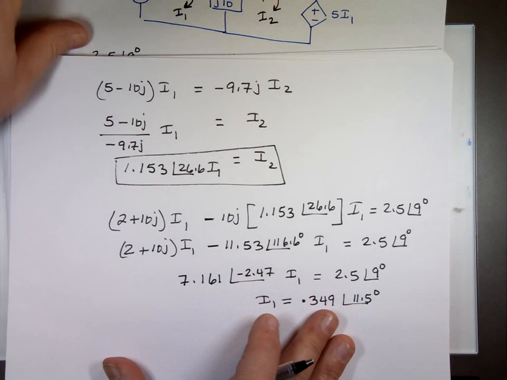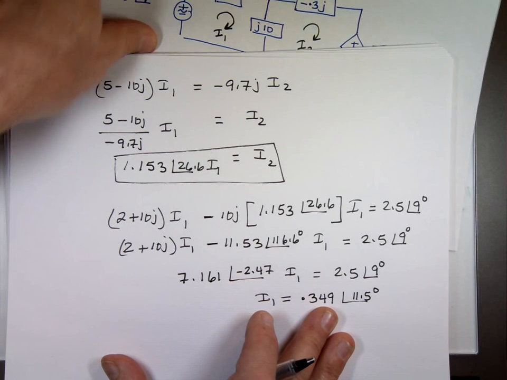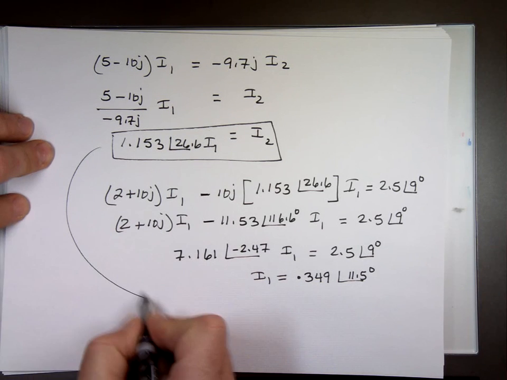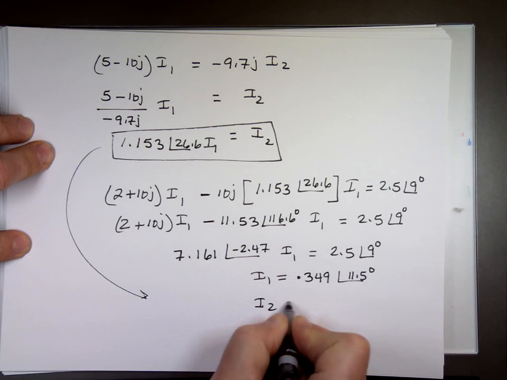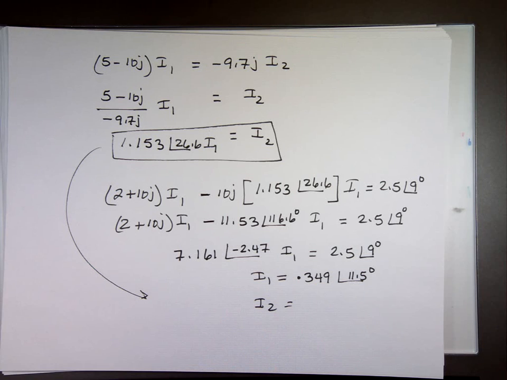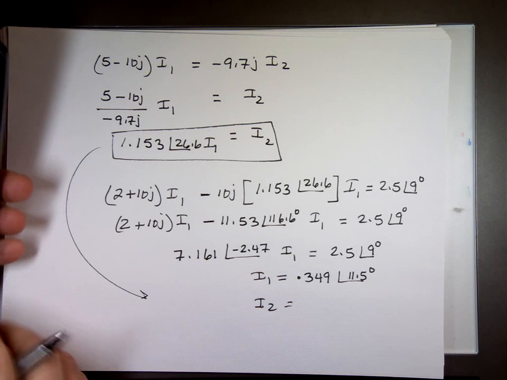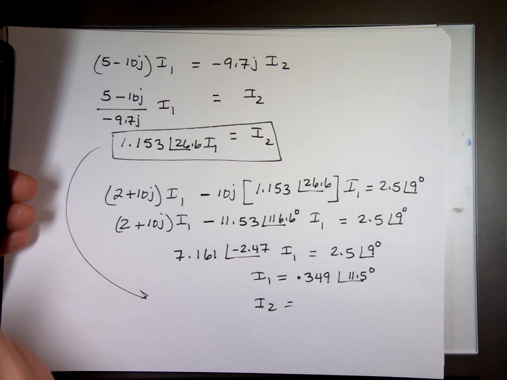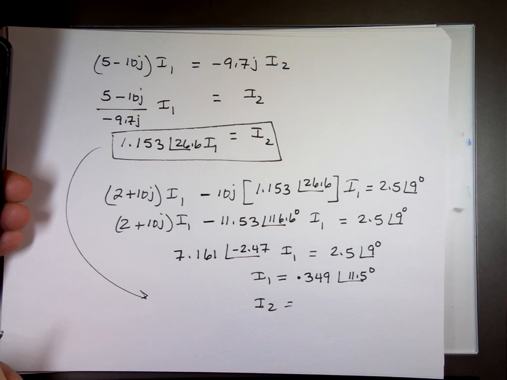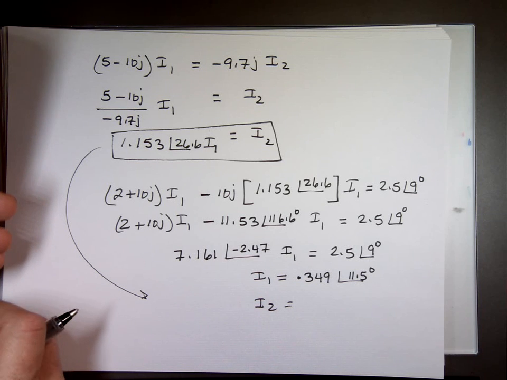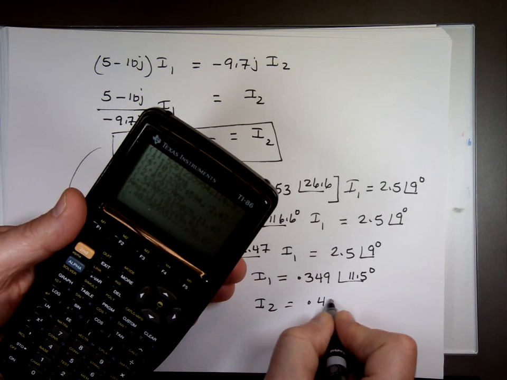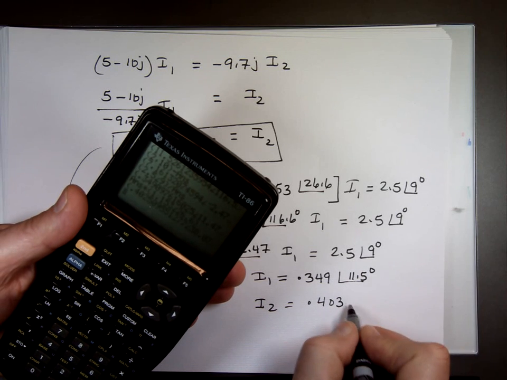And if I know I sub 1, can I find I sub 2? From this, I sub 2 is going to be that number times this number. Which is 0.403 angle 38 degrees, 38.1.